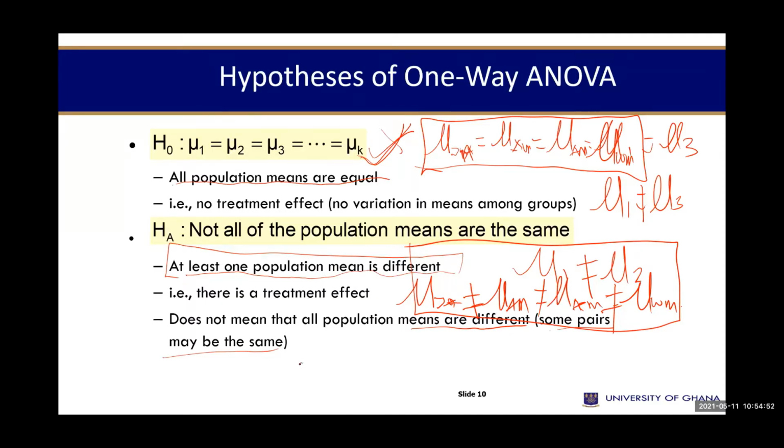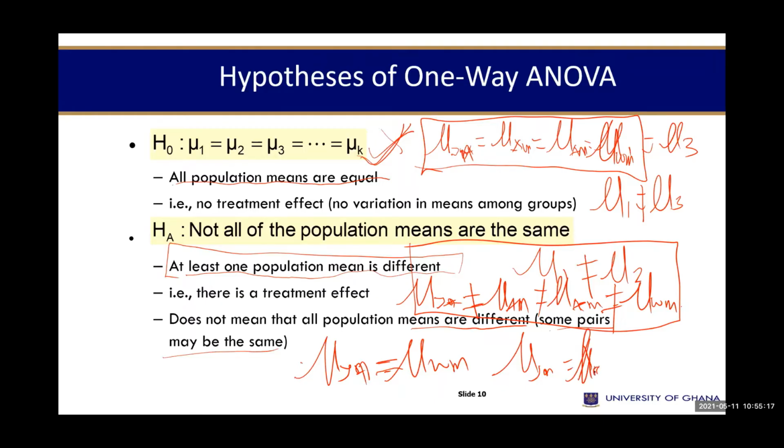I'll pick Junction Mall and compare it to maybe West Hills Mall to see whether they are the same or not. I'll be taking you through it. We may end up saying that between Junction Mall and West Hills Mall, the sales volume is the same. What about between Junction Mall and maybe Achimota Mall?